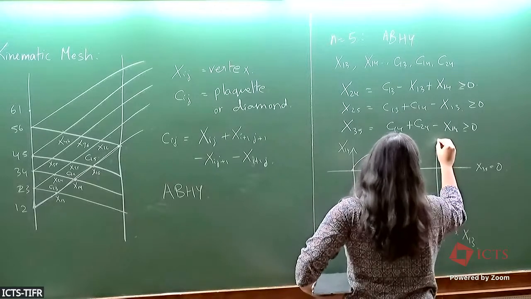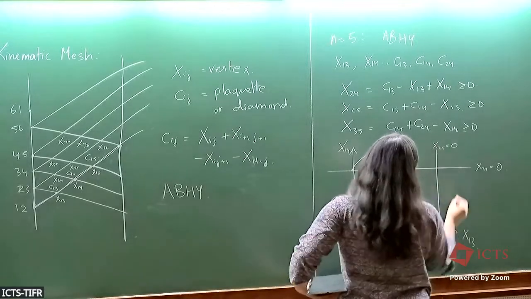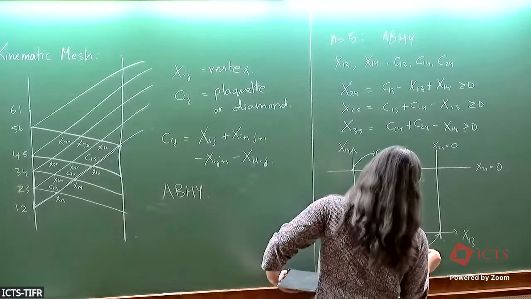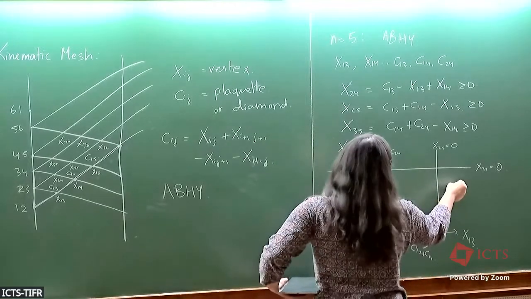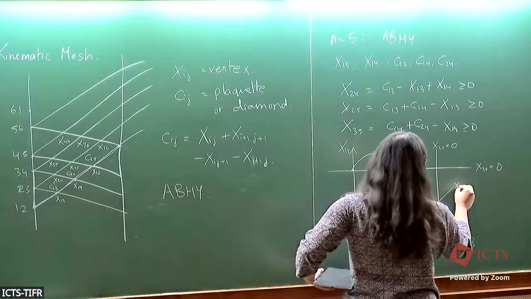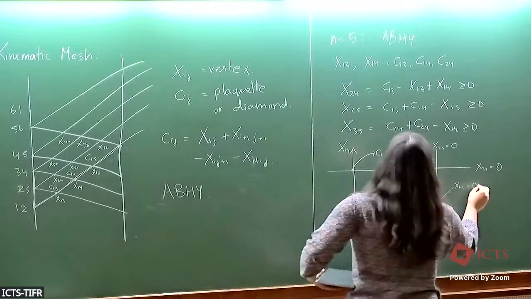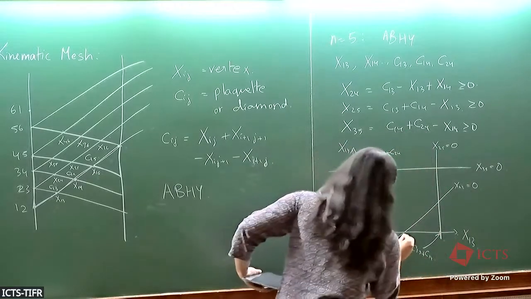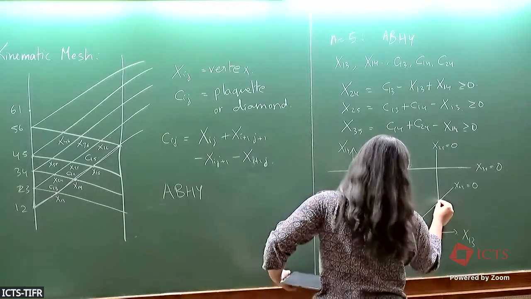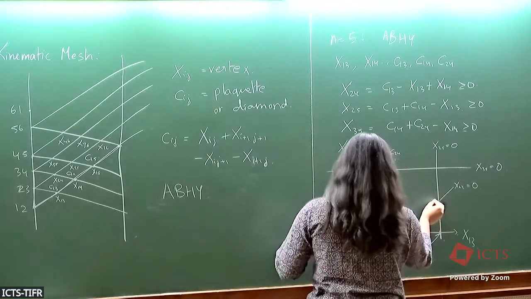Yeah. So this is x25 equals 0. This point is c13 plus c14. Then finally, there's a third line, which is this, which is x24 equals 0. I think this is c13, and this is c14.